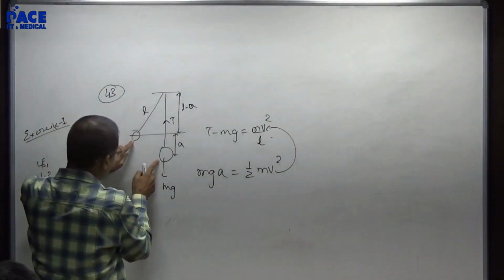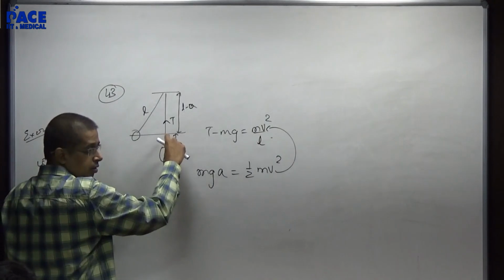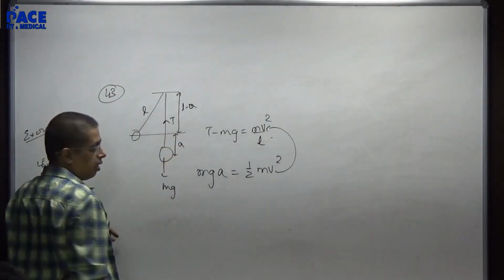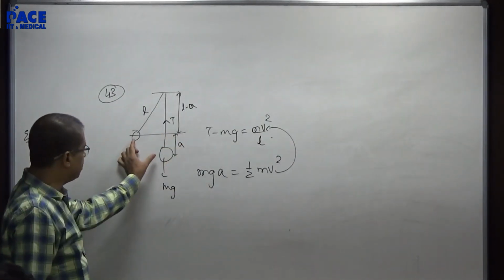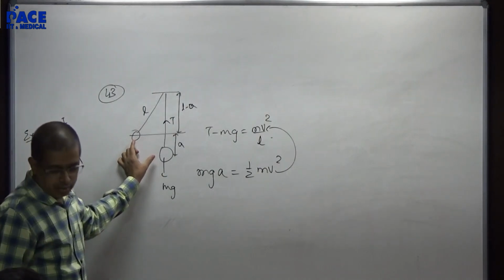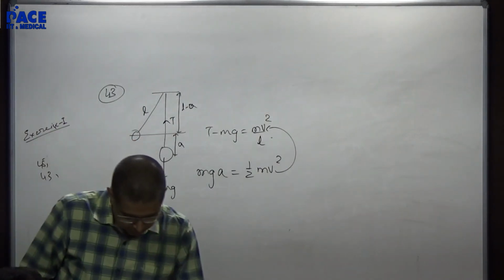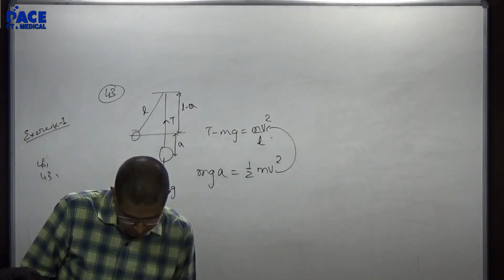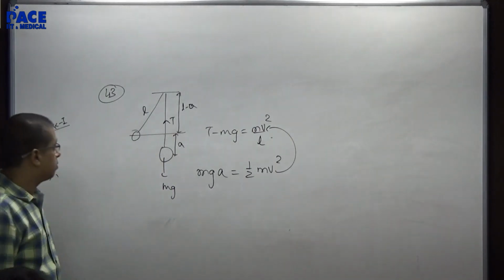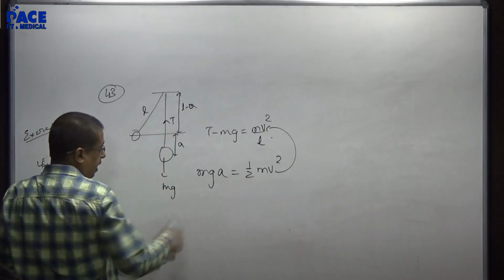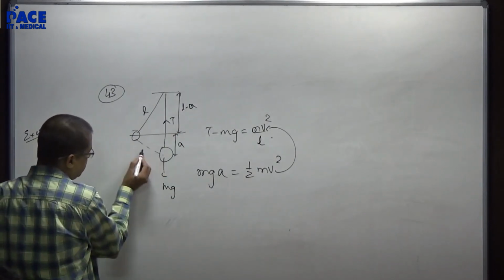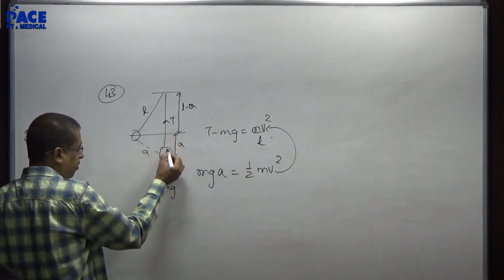Is he saying amplitude is A, or is he saying this? Amplitude means he'll take this then. If this is A, then it's a direct hit. If he gives you this as A, which I don't know, please verify both. Find out this height.